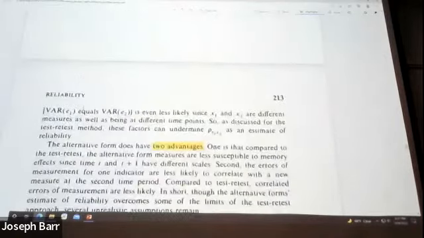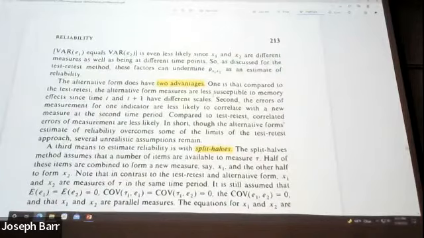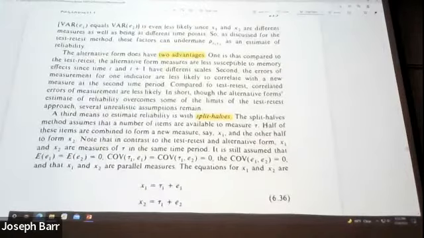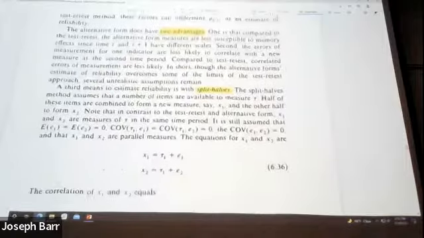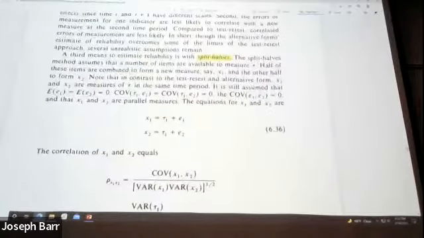But we do have some advantages compared with test-retest: there's no memory effect, because these are different tests. Also, measurement errors for one indicator are less likely to correlate with the new measure because they're different.